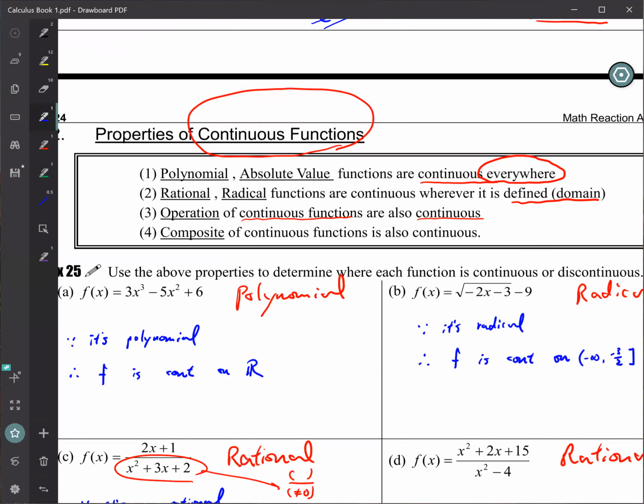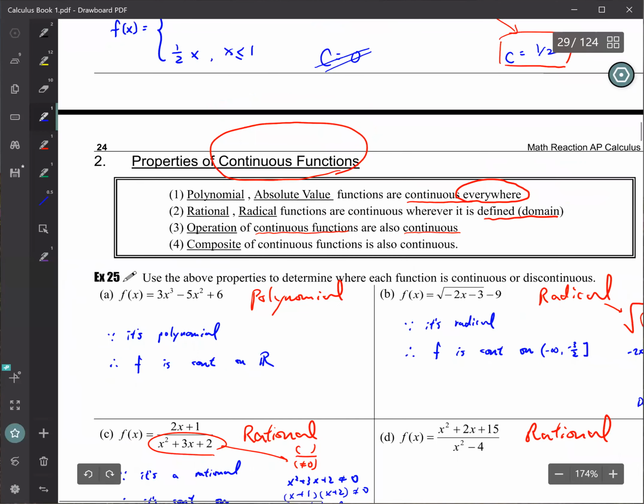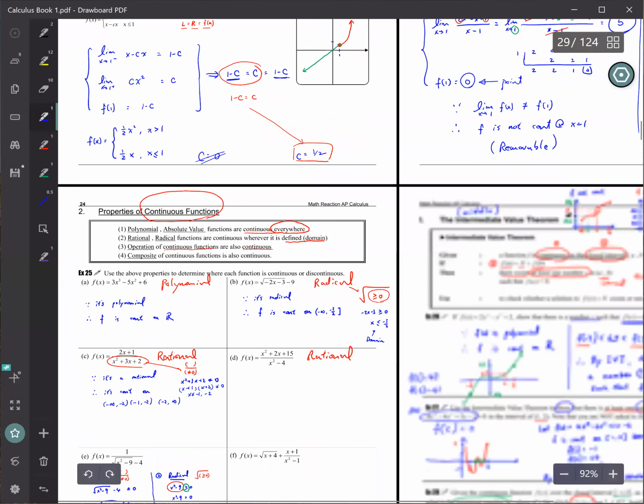And if you take a composite of continuous functions, the resulting function is also continuous. So on this page you can make a note: look at page 24 for checking continuity and how to write out the reasons.